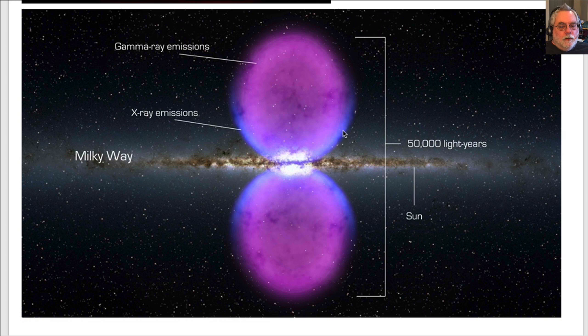The blue is X-ray emissions, purple is gamma ray emissions, and this is the Fermi bubble. The Fermi bubbles may have been produced during a period of 100,000 years, beginning about 2.6 million years ago, when the supermassive black hole consumed materials of about 1,000 to 10,000 solar masses and had jets.